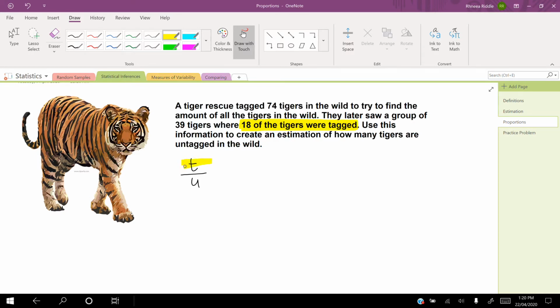So we can put 18 in for that T here. Now we had 39 tigers total. So to find out how many were not tagged, we can do 39 minus 18, which is going to give us 21. So we have 21 untagged tigers, because that is how many tigers were left.